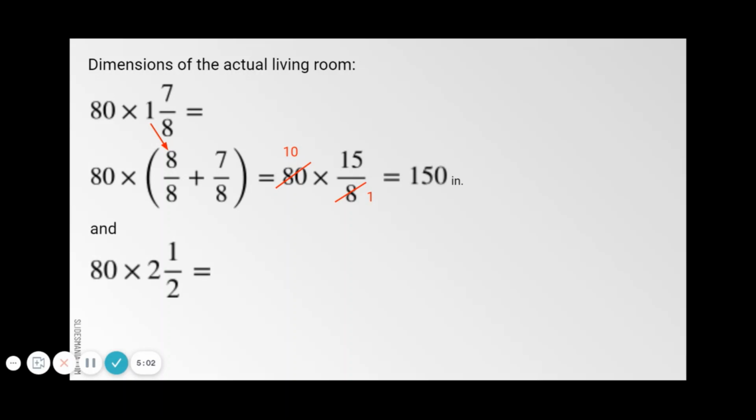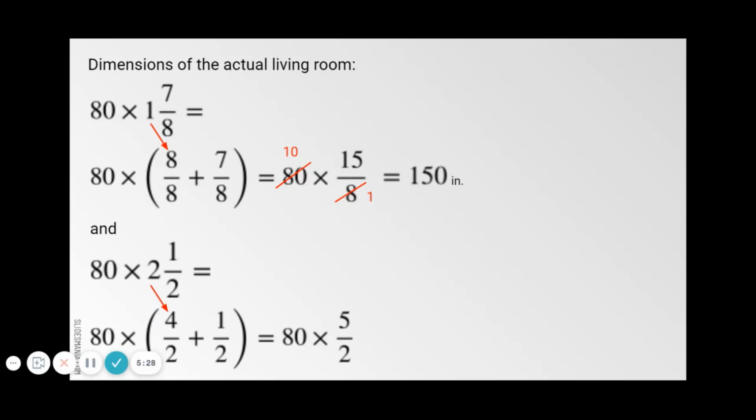We need to multiply 80 by 2.5. Again, let's convert the mixed fraction. 2 is the same as 4 halves, and we can add the 4 halves to 1 half. 80 times 5/2 is our new problem.